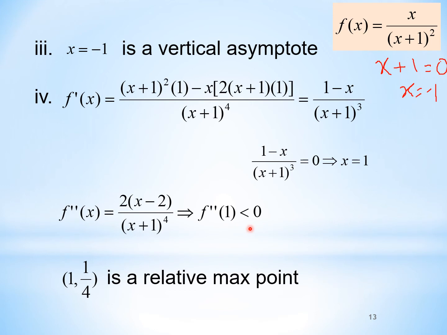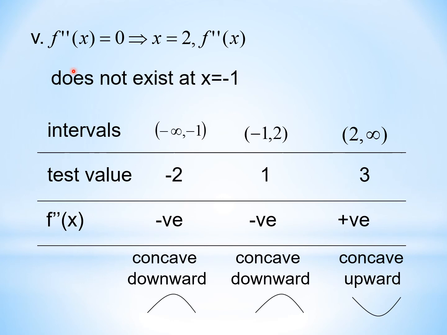If it is less than 0, then it will be maximum point. Okay, it will be maximum point over here. And for this one, you will have x equal to 2, and then you just substitute it.